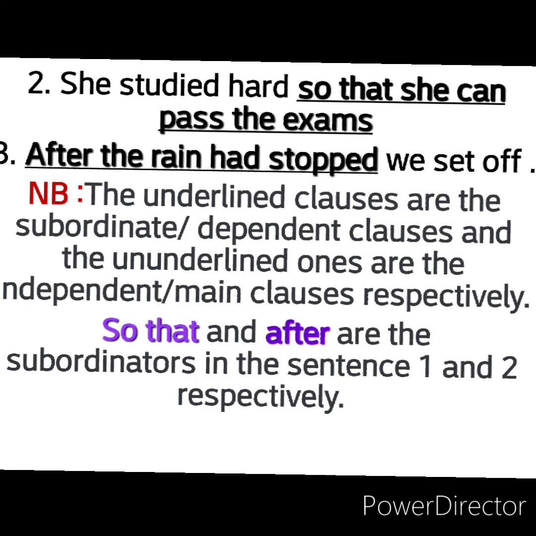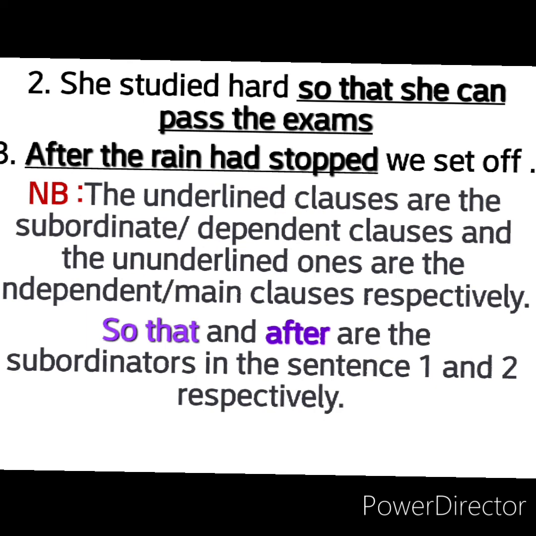In the second example, the part underlined is "so that she can pass the exams." Then the third one is "after the rain has stopped." So the underlined parts are the subordinate or dependent clauses, respectively.